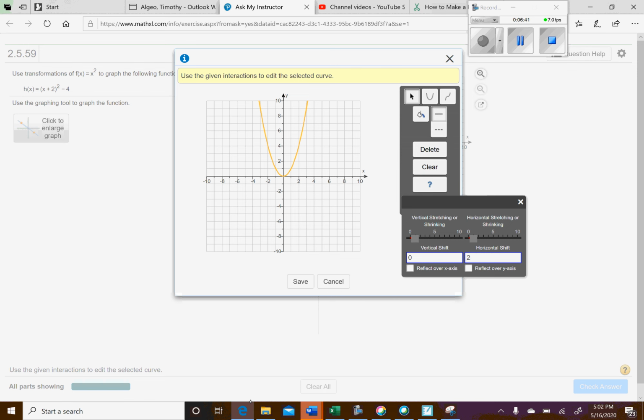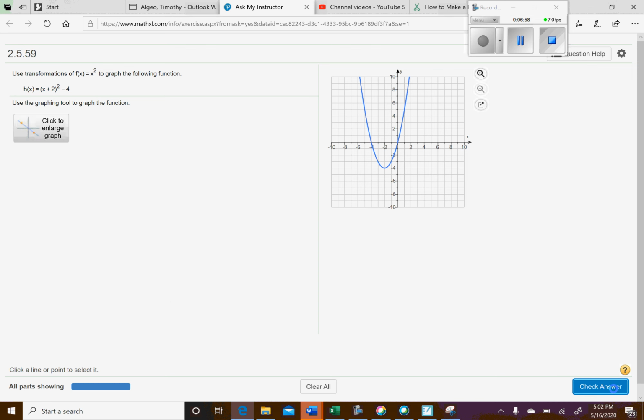So let me see how this is going to work. Okay, so I'm going to have to put it in as -2 so that it will shift to the left 2. And then we went down 4, so I'm going to put in -4 for that one. And that causes me to shift down 4. Let's save it. Let's check it. And that looks good. So hopefully that kind of helps you out on your transformations.